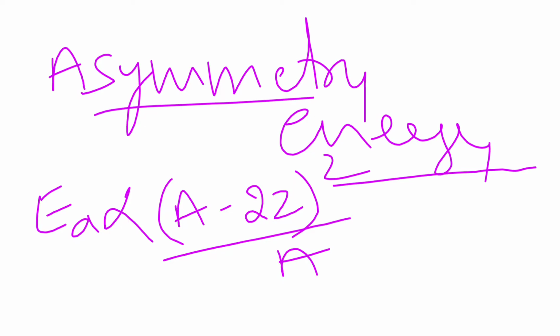Next, the last one is pairing energy. Nuclei containing an even number of protons and an even number of neutrons are most stable, while odd-odd nuclei are less stable, and there are odd-even and even-odd nuclei.